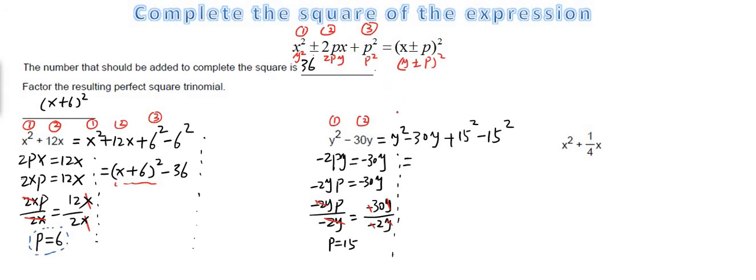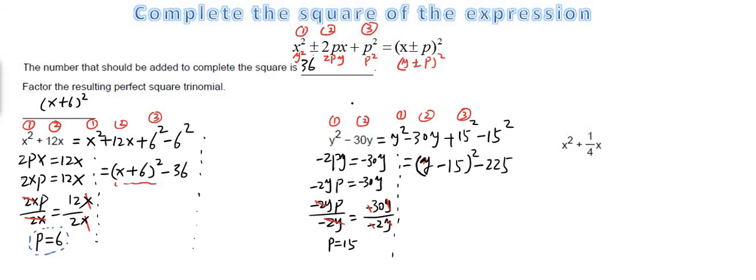Again I want to emphasize we have these three terms that satisfy this formula, which boils down to y minus p, p is 15, squared, minus 15 squared.